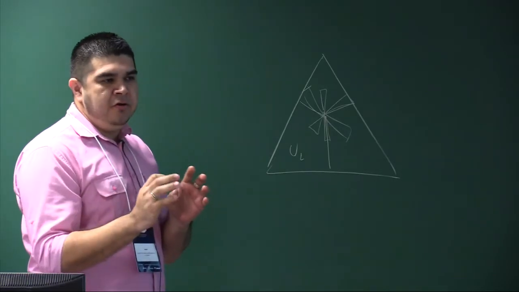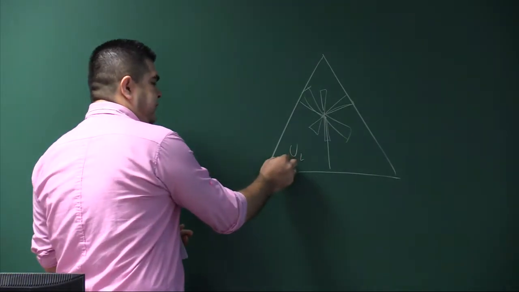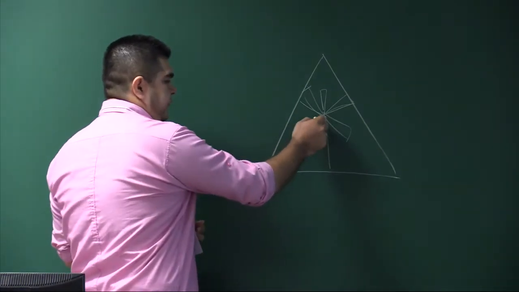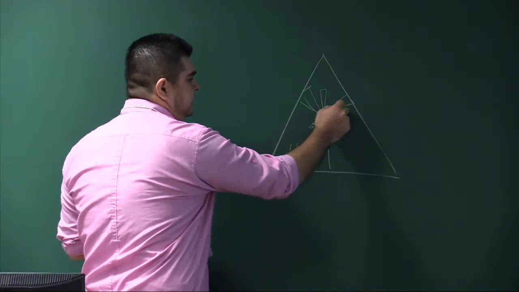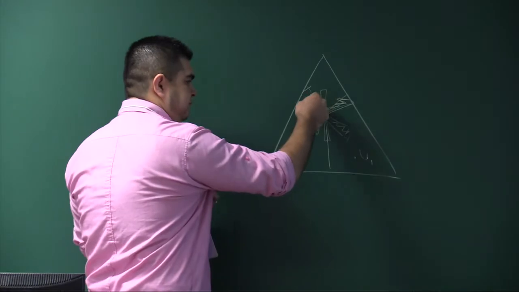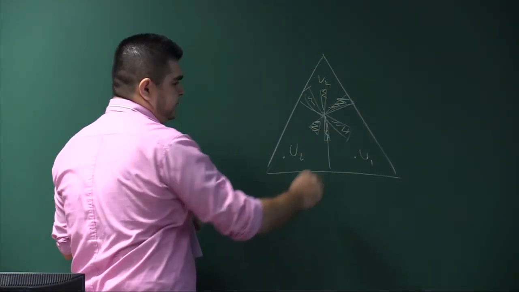You use only a wind of the windmill. If you put the solution, the point, the left state here, you use the red one. If you put here, you use the blue one. And if you put here, you use the red one.